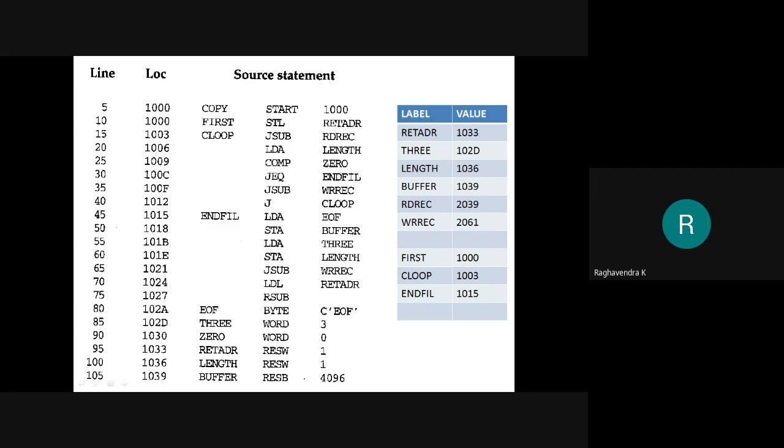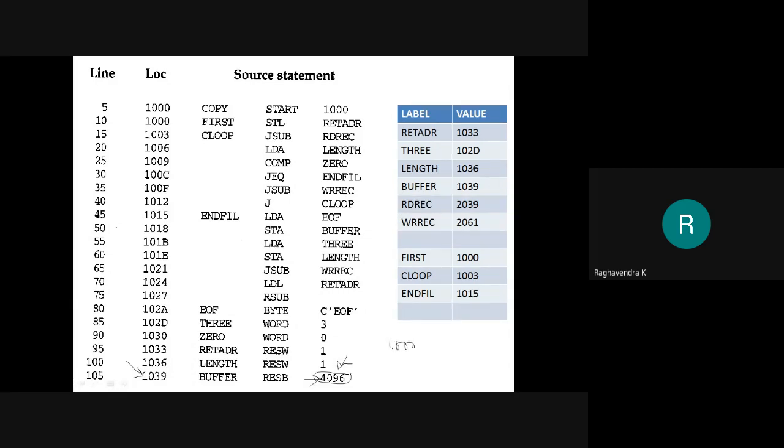How many bytes have been specified here? That many bytes you are supposed to add to your address. For example here, the last address is 1039, and to that we are supposed to add 4096. Now 4096 in hexadecimal is 1000.